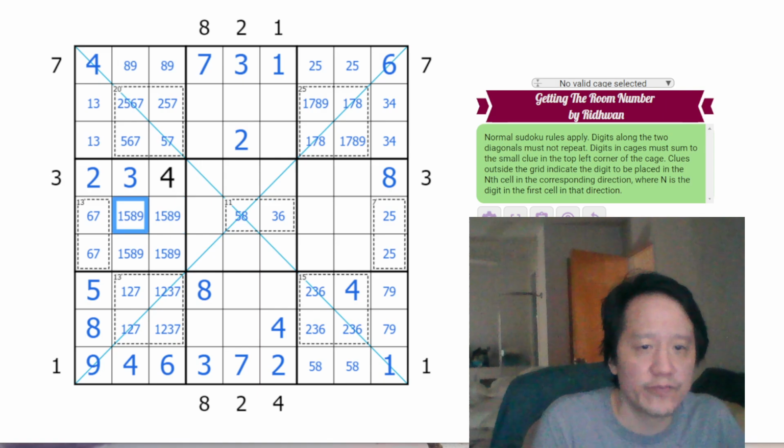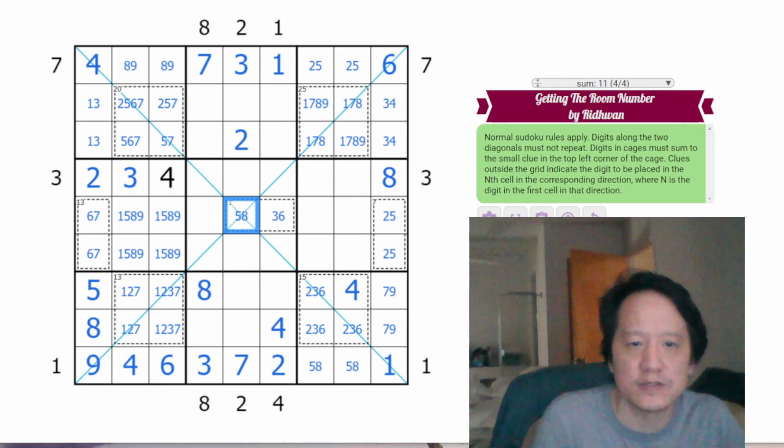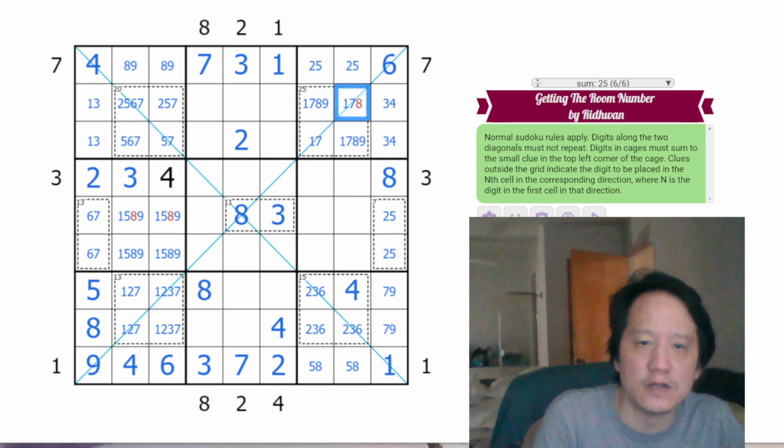This is 5. So this is 5 and this is 5, which means this cannot be 5. So this is 8. So we got 8 and 3. This can't be 8. So it's 1, 7 along the line. So this is 8, 9 here. No 8. So this is 1 and 7, which means this can't be 1 or 7.